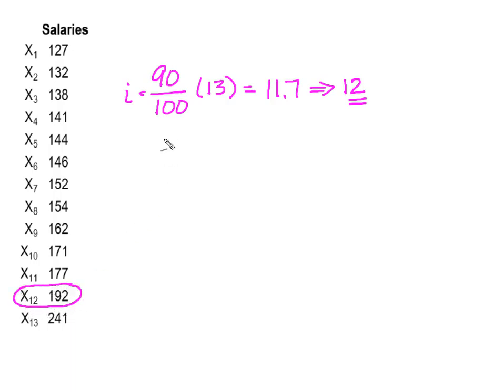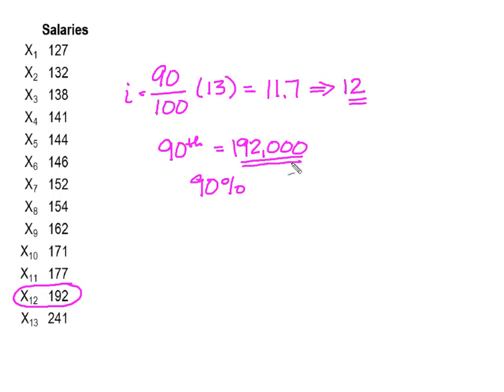So now I know that the 90th percentile is $192,000, and what that tells me is 90% of my values in my data set are smaller than 192,000.